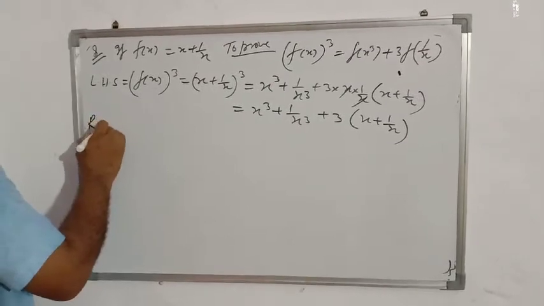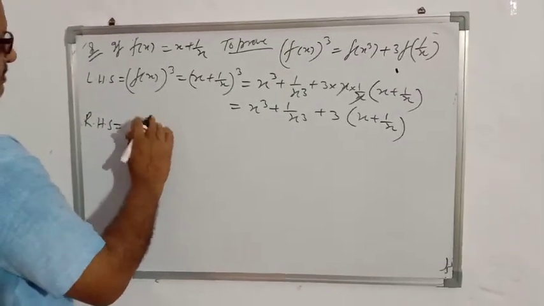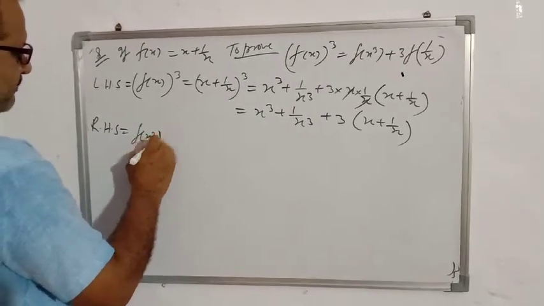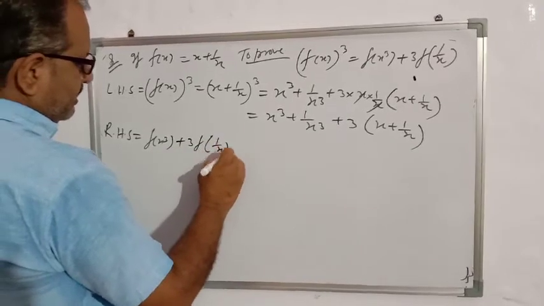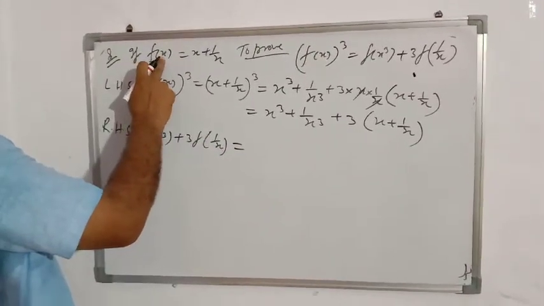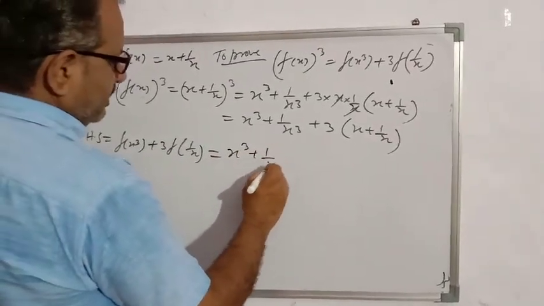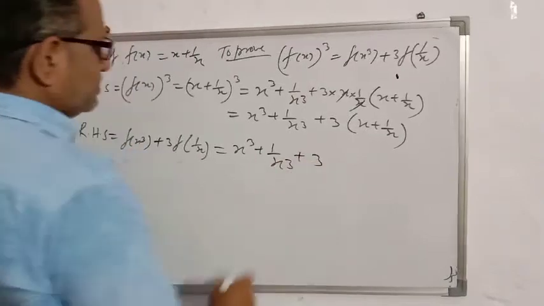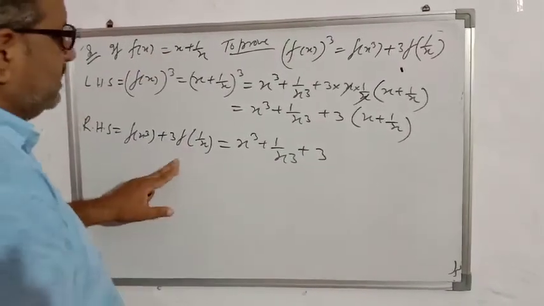Take the RHS. The RHS is f of x cube plus 3 f of 1 by x. For f of x cube, put x cube in place of x. So we will get x cube plus 1 by x cube plus 3 f of 1 by x. For f of 1 by x, in the function in place of x we have to put 1 by x.